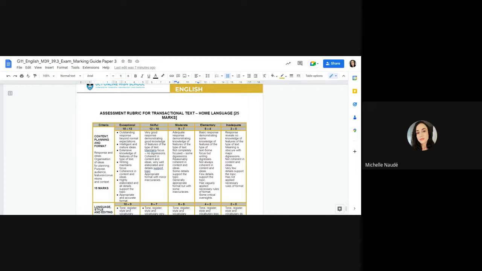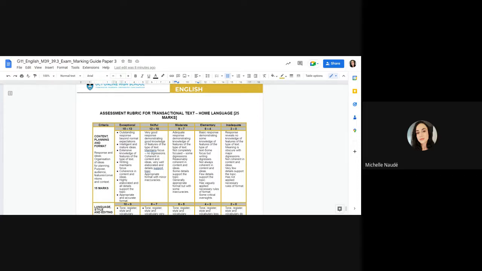It just gives you a nice broad overview of whether or not you have actually accurately and fairly awarded a mark. Sometimes you can have awarded what comes to 50% using the rubric, but when you look at the work holistically, you actually think, no, this is more of a 60%. And then you can go back to the rubric and just check that you weren't perhaps a bit too strict.